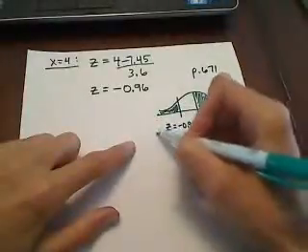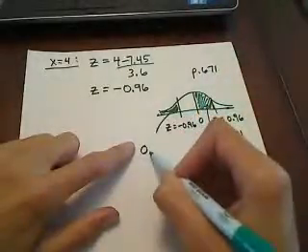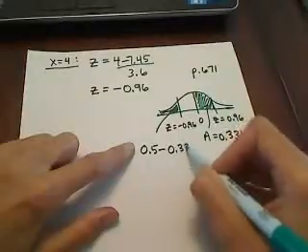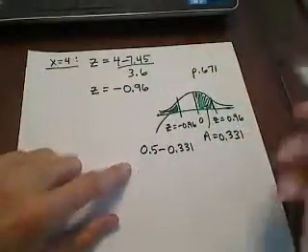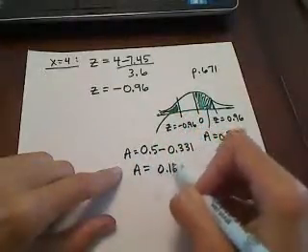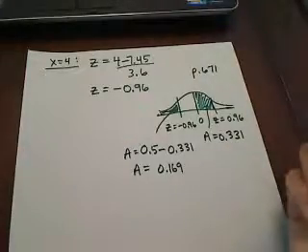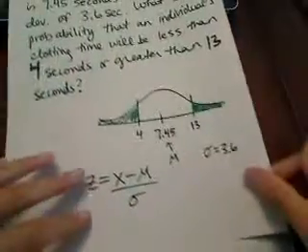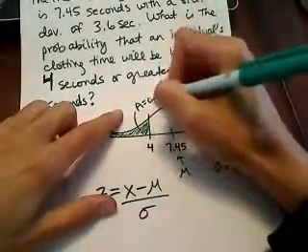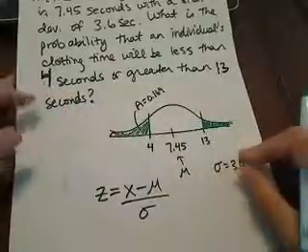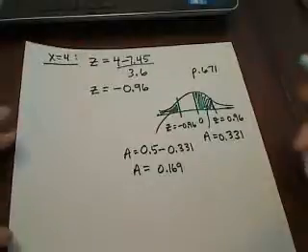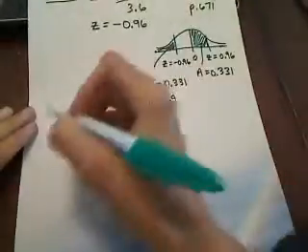So this area right here is going to be 0.5 minus the 0.331. That's going to be an area of 0.169. So if we go back to our original chart with x equals 4, this area right here is going to be 0.169. So we found that one. And let's go ahead and find x equals 13 now.